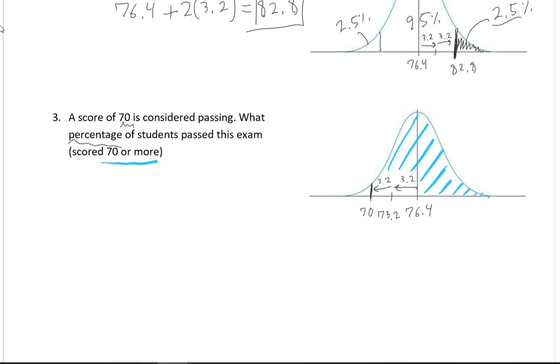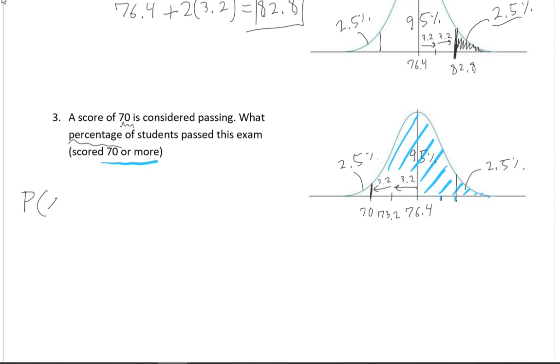We know 70 is 2 standard deviations away, and if I go 2 standard deviations away, this represents 95%. And we also know from the previous question that this tail is 2.5%, and this tail is 2.5%. So we can find this area in a couple different ways.